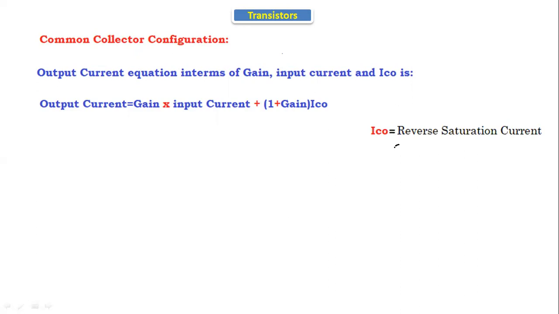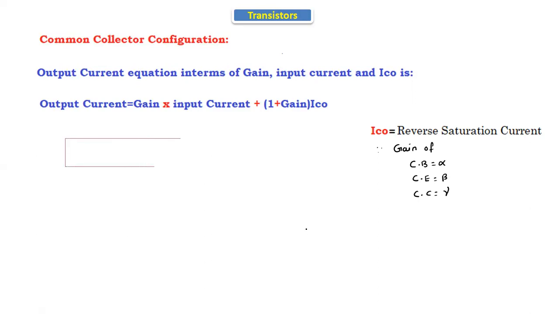The gain of the common base configuration is indicated by alpha, the common emitter by beta, and the common collector by gamma. Alpha, beta, gamma are the gains of the common base, common emitter, and common collector.